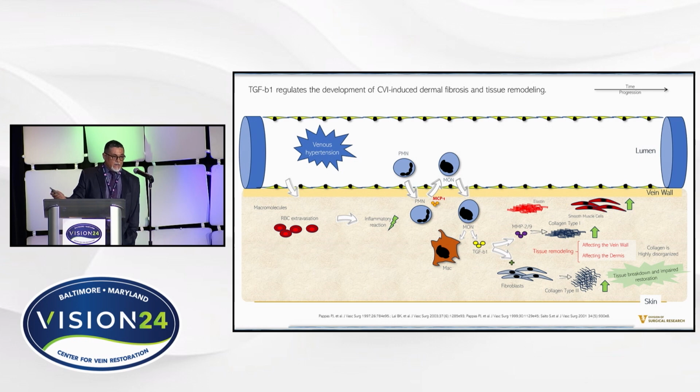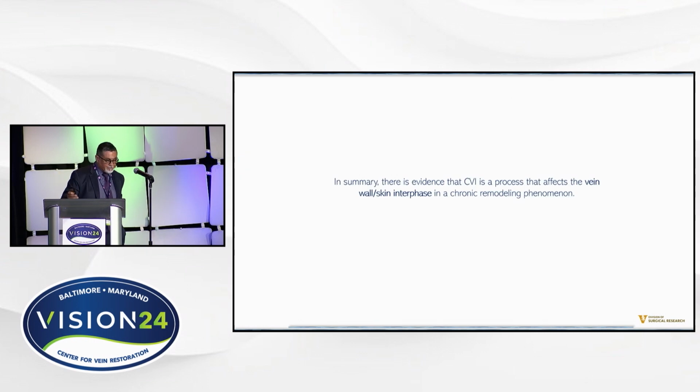I will not go into detail on those molecules. However, I will point your attention to this new environment. We went from a dermis that is normal to one that is now altered. Up to this point, we have evidence that CVI is a process that affects both the vein wall and the skin interface in a chronic remodeling phenomenon.